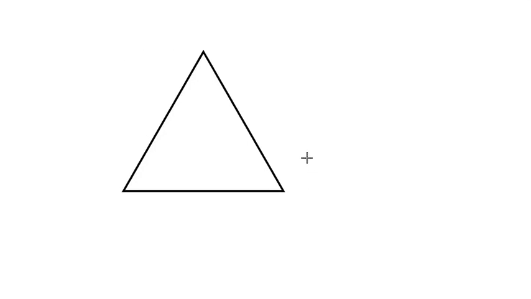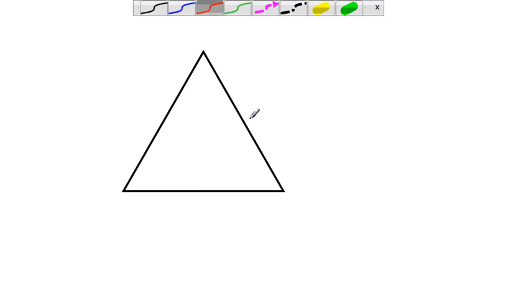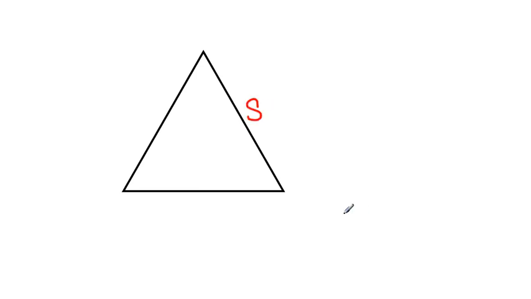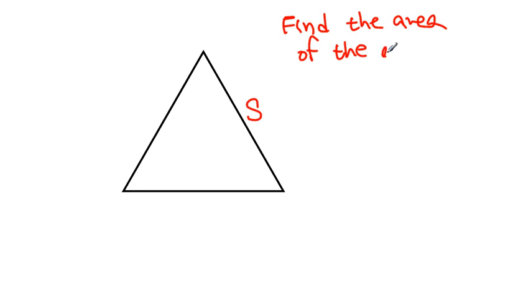Now, if the length of one side is equal to s in an equilateral triangle, find the area of the given equilateral triangle. Now, what's going to be happening?